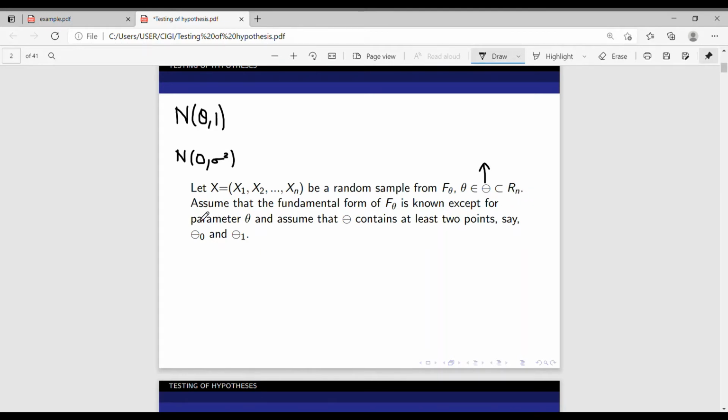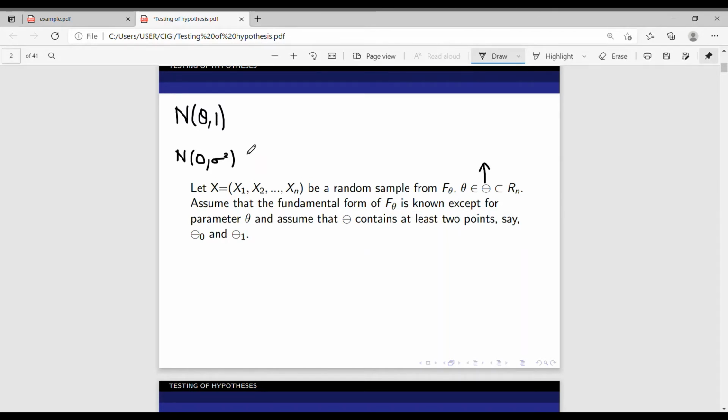Then the second statement: assume that the fundamental form of F theta is known except for the parameter theta. The fundamental form of F theta means we know the distribution of the population is normal with mean theta and variance 1, but we don't know the actual value of theta.